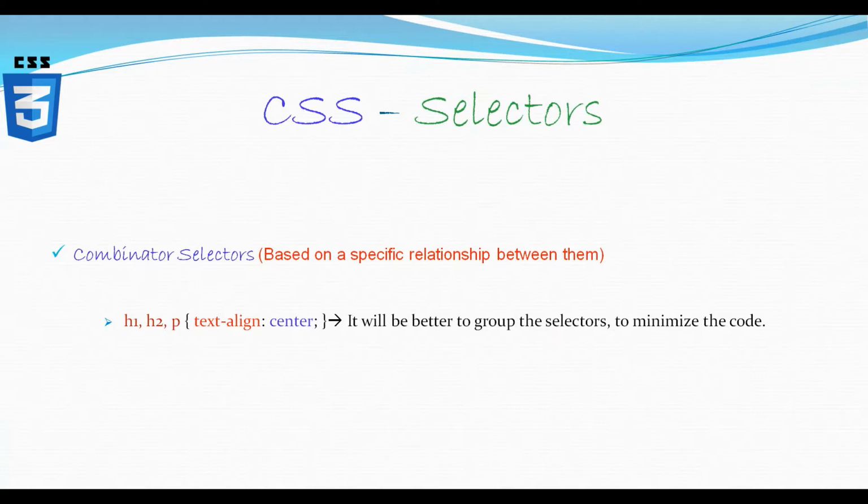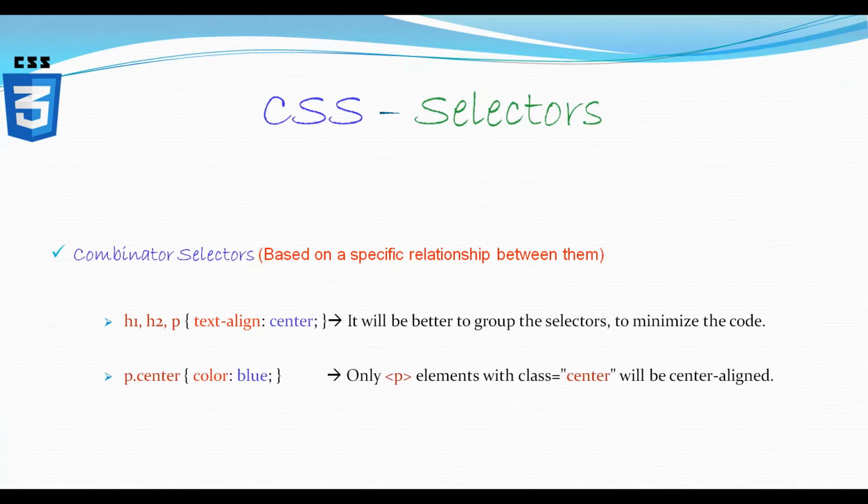And the logic behind this is, for example, if you have three different elements that have the same declaration, for example, you want all of them to be text-align center, as opposed to writing three different declarations for all three different elements, you can simply group them all together, and that way you write little code, but you achieve the same results. So that's the whole point of combinator selectors.